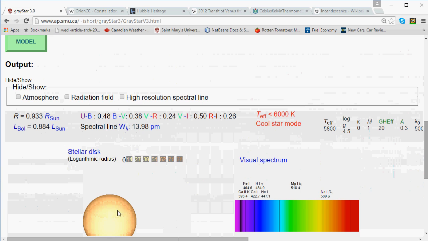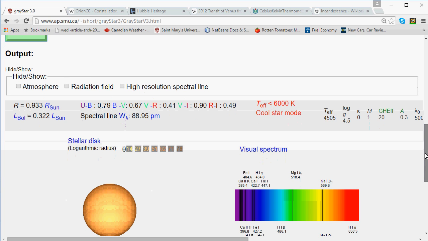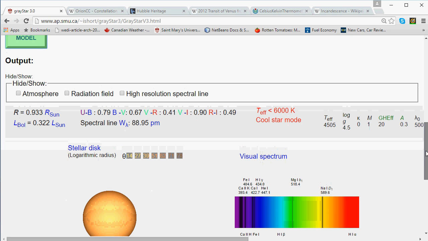So the image of the star that we're simulating is still the same. It's still the sun because I have not yet hit the model button. So what I want you to do is keep your eyes on the image of the star that we're simulating down here, and I'm going to go up here and hit the model button, and we'll see what happens. Okay, so Gray Star 3 took a second or two, and what it did is it recomputed the simulation.